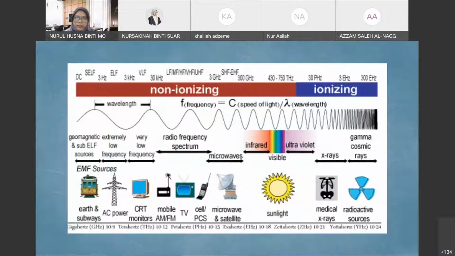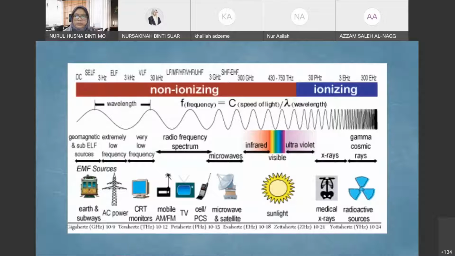So like from this diagram, we know that the possible non-thermal effects of non-ionizing forms of radiation on living tissue have only recently been studied. Much of the current debate is about relatively low levels of exposure to RF radiation, radio frequency radiation, from mobile phones and base stations producing non-thermal effects.